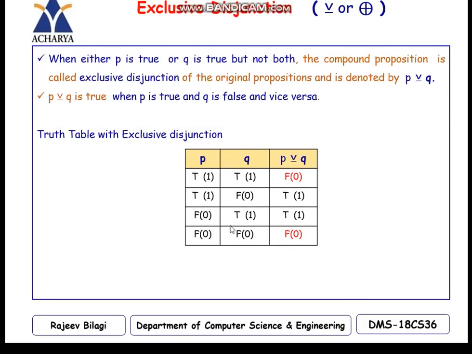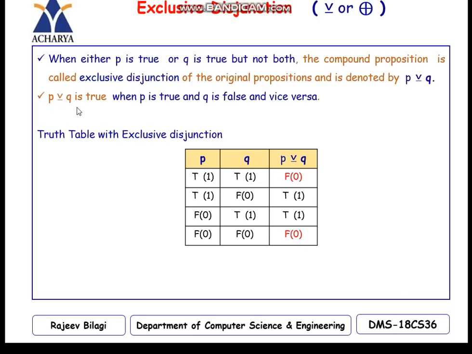Now exclusive disjunction. It is represented with this particular symbol. Again I am going to consider P and Q as two different propositions. When either P is true or Q is true, but not both, the compound proposition is called the exclusive disjunction of the original propositions, denoted by this particular symbol.